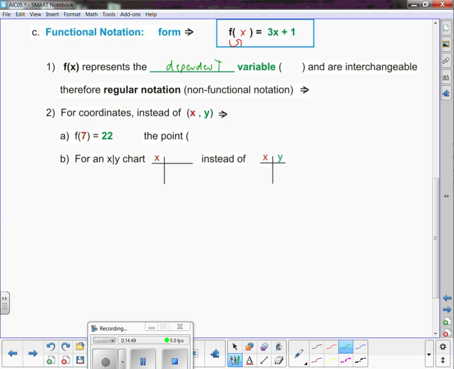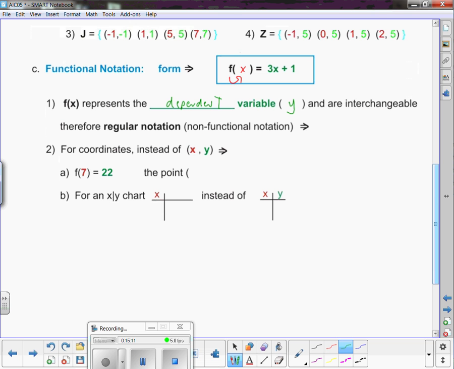The x's are the independent variable, and the y's are the dependent variable. So the f of x simply represents the dependent variable. That's all it is. It's really just a shorthand notation. So if I wanted to, where f of x is, I could write y equals 3x plus 1. It would be the exact same thing.